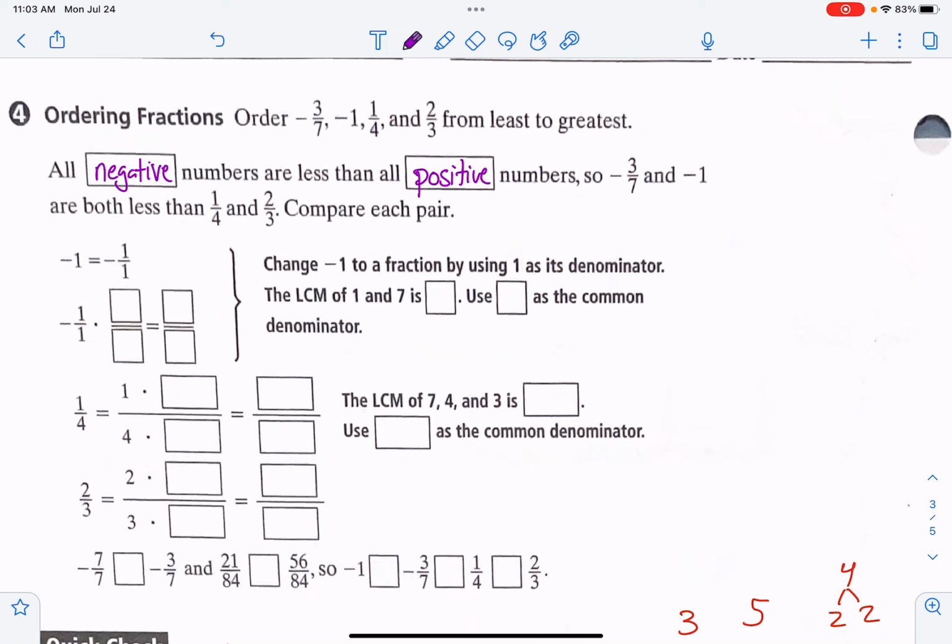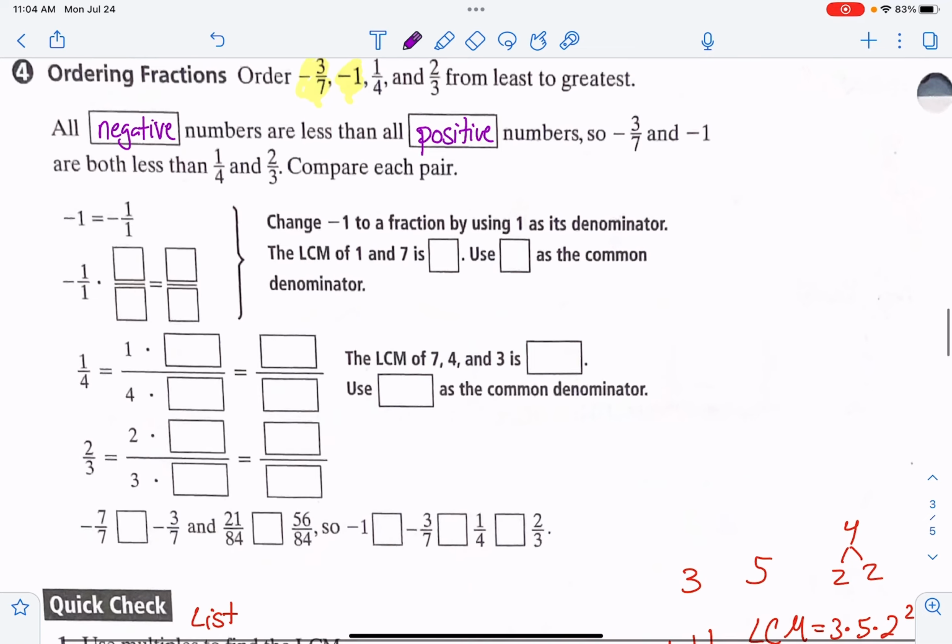So -3/7 and -1 from this list are going to be smaller than 1/4 and 2/3. So now we can just compare -3/7 to -1 and then 1/4 to 2/3 in order to figure out what the order is going to be.